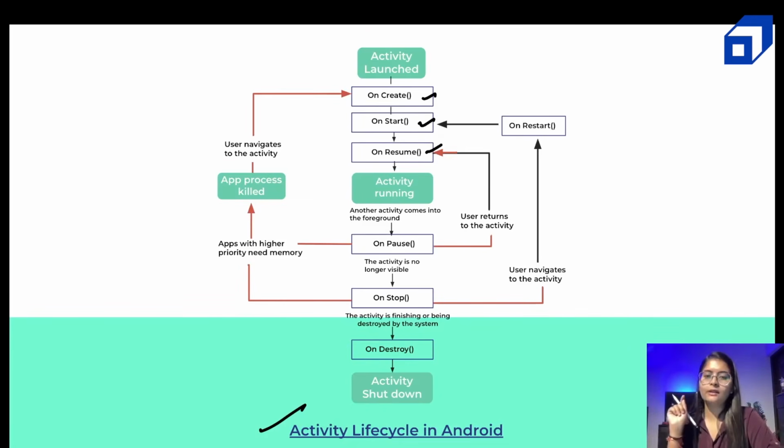So when you click on that icon and a new screen comes up, in the background onCreate, onStart, onResume are called one by one, back to back. onCreate means the screen is created, then it starts, and then onResume. Let's say you are watching a video, so onResume will be called. The activity is now running.